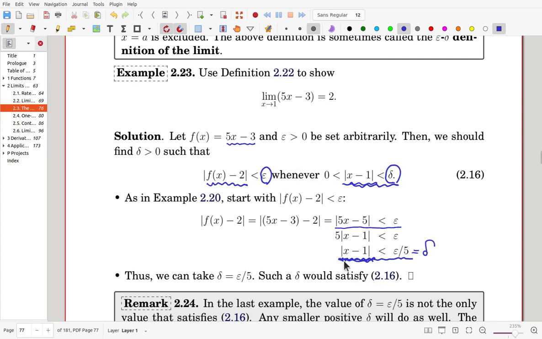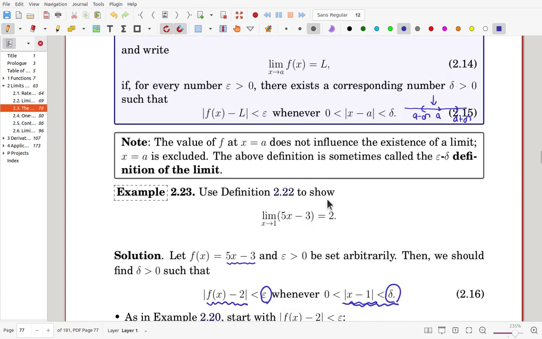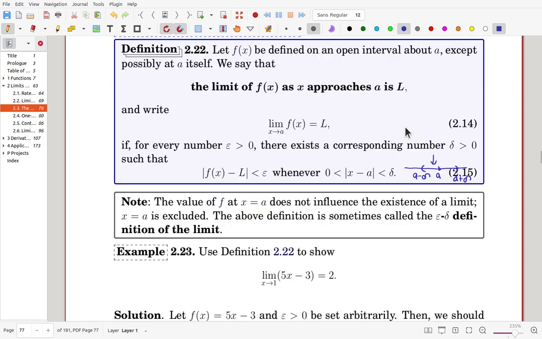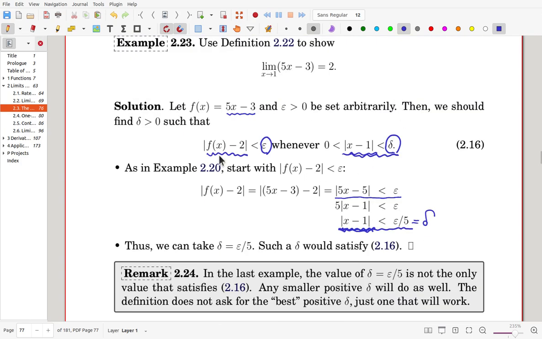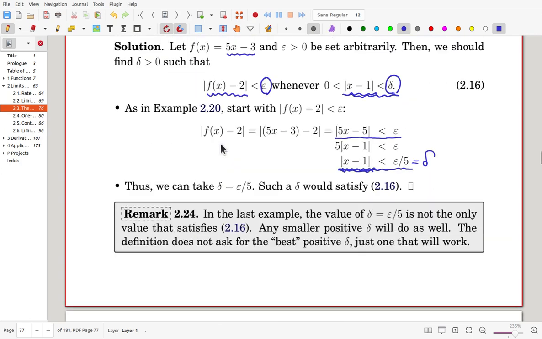Once delta is chosen in this way, this will always be satisfied. Basically, in this definition, line 2.15 must be satisfied, then we say that the limit of f(x) is L. So we proved that.